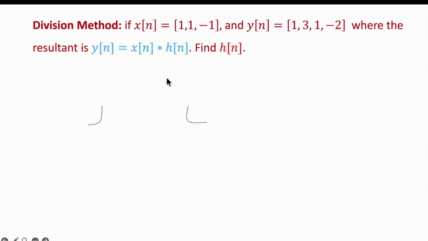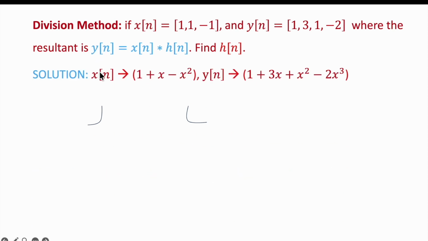As we know the division method, we will perform those 3 steps that we have already seen in the last slide. For x of n, we draw the polynomial: the first is 1, then plus x, and the third is minus x square. So you are increasing the degree of the polynomial.